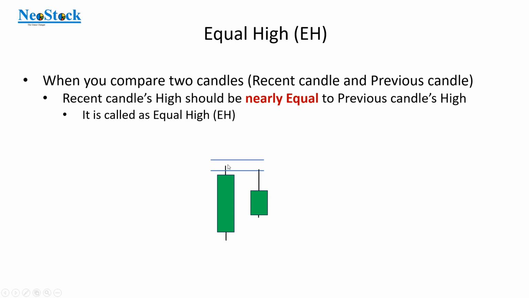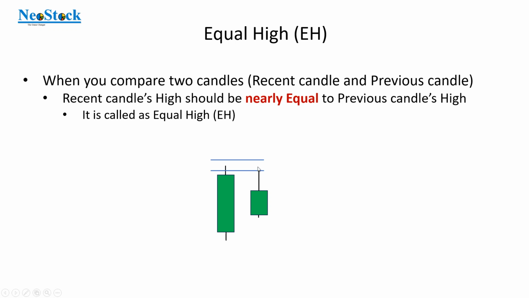I am comparing from the high of the previous candle, because the high of the present candle is not exactly the same as the high of the previous candle. But within this small buffer area, we can say nearly equal.